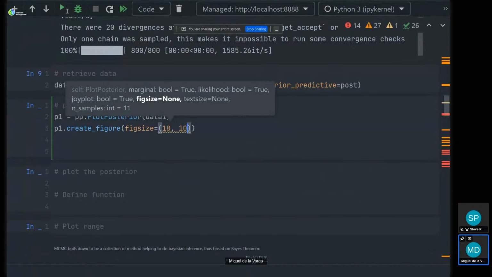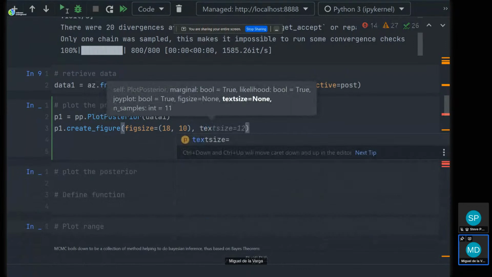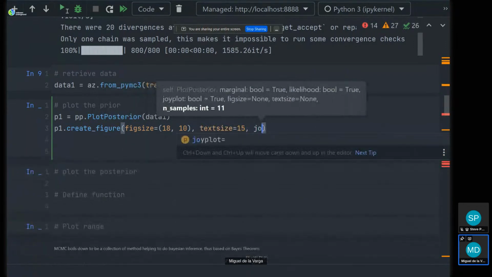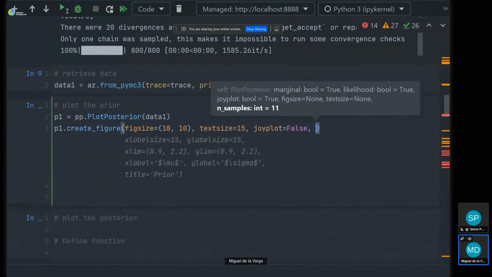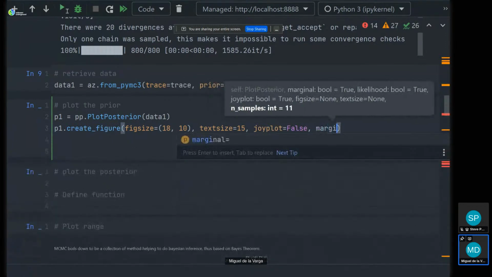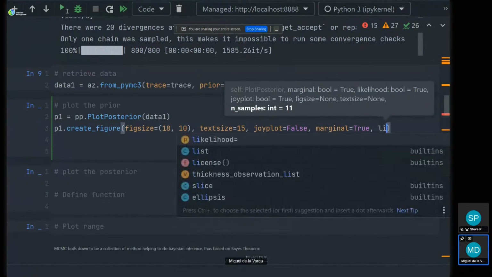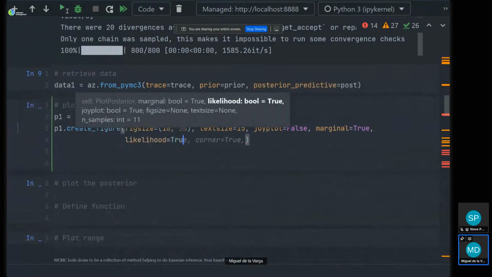Size 15. I have a few plots that eventually we're going to see all of, but at the moment we are just going to use the marginal plot and the likelihood plot.